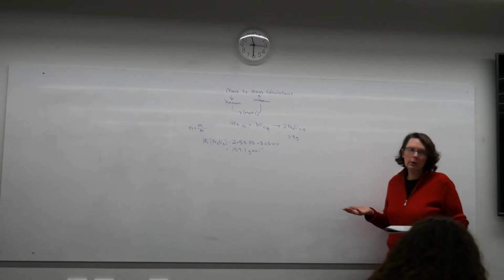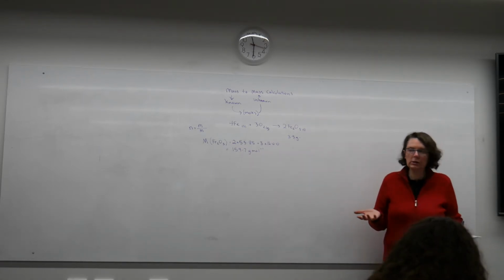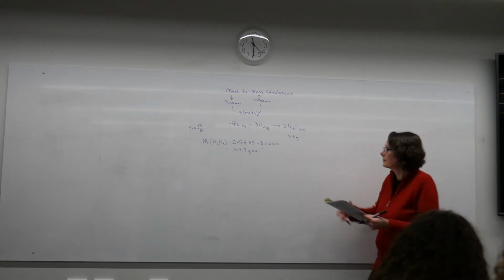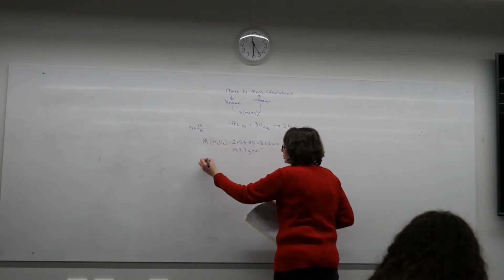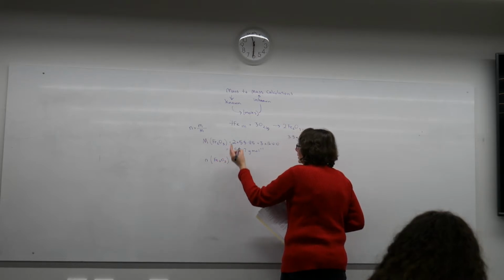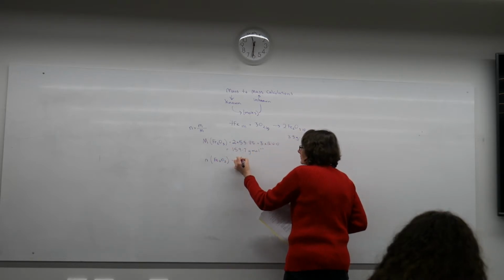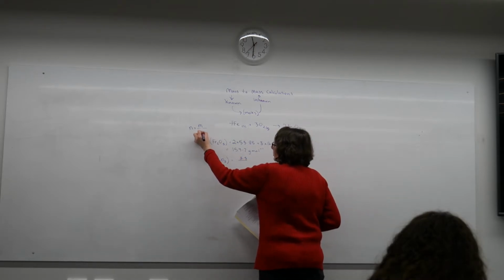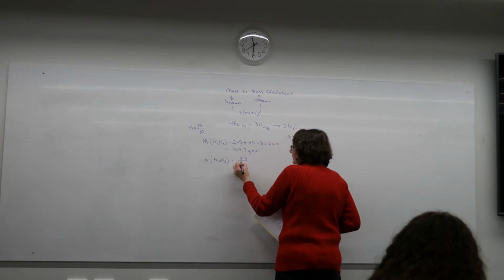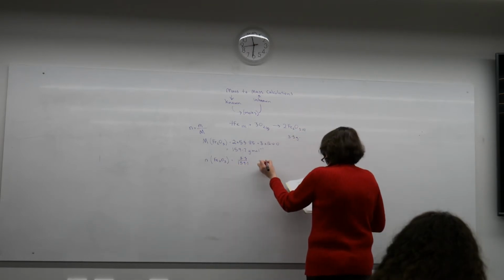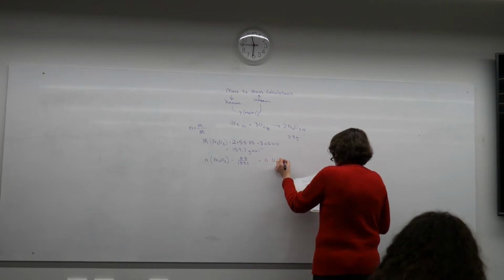Now I know the molar mass of the iron oxide, I can work out the number of moles I want to make using this relationship here. So my moles of iron oxide is going to be the sample mass divided by the molar mass. 0.0219 moles.